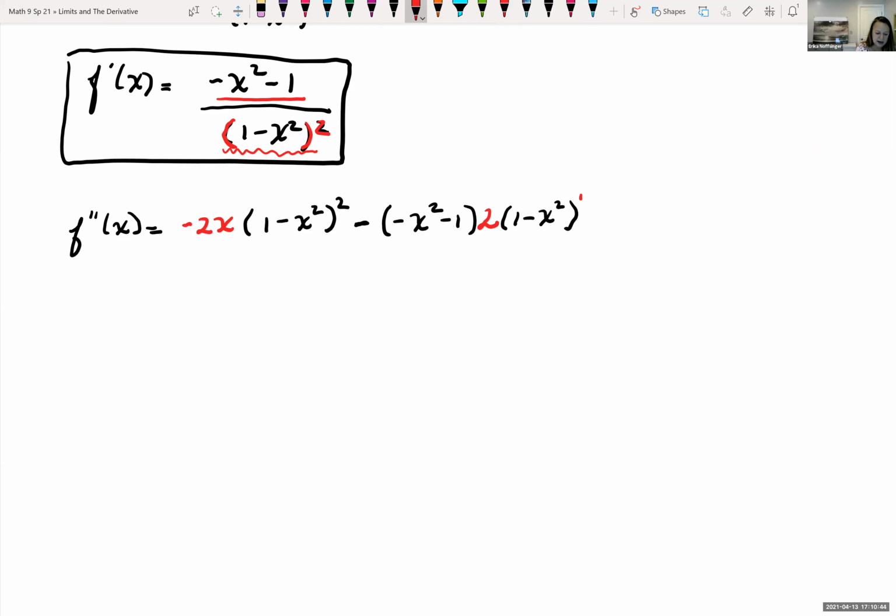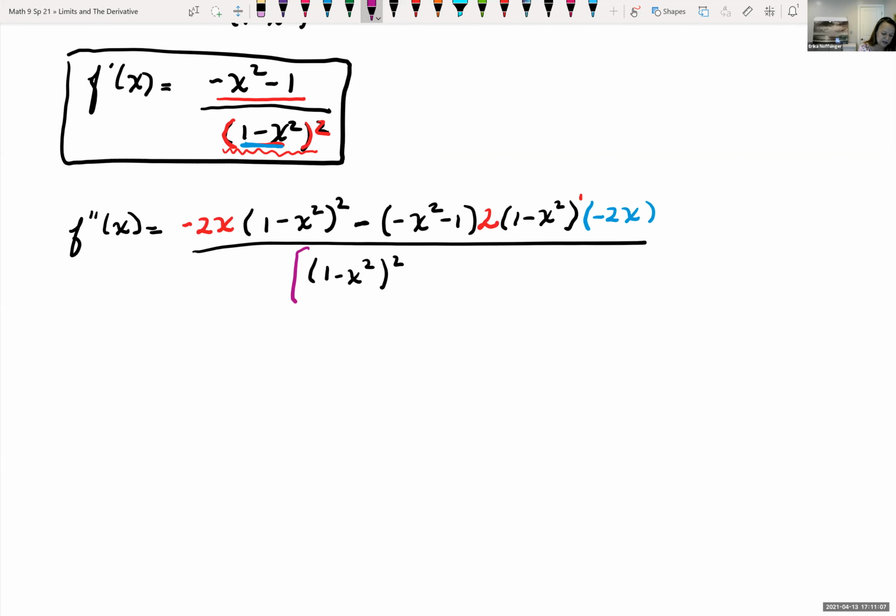So that's 1 times the derivative of this inner piece. So the derivative of the inner piece is -2x, all over the denominator, 1 minus x squared, squared, but then this also has to be quantity squared.